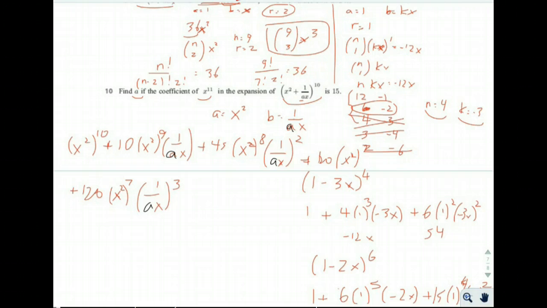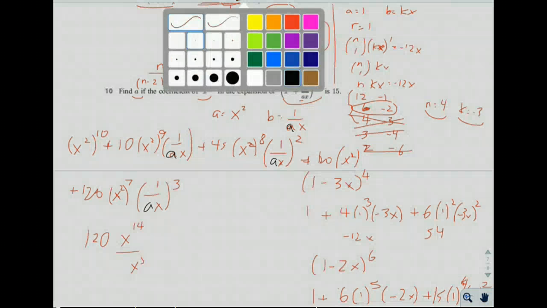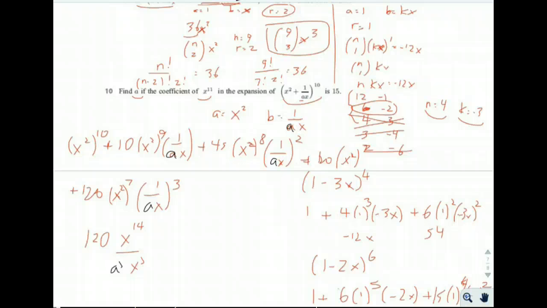What about this one? Yeah, this will give us x to the 11th, right? Because if we simplify this, we'll get 120 x to the 14th, and then on the bottom we'd have x to the 3rd, and we'd have a to the 3rd. So this would simplify to x to the 11th, which is what they asked for.